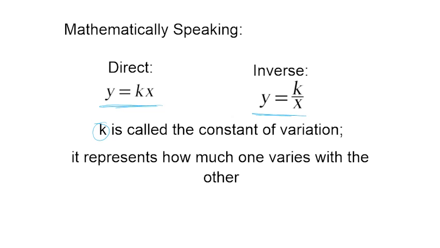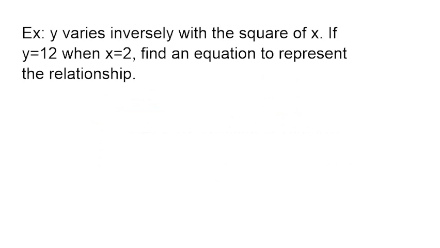And so oftentimes for most scenarios, the k will be constant for the entirety of the scenario. So whether it's a table of values, a graph, or an actual real world type of problem, the k value will be the same for all of that.